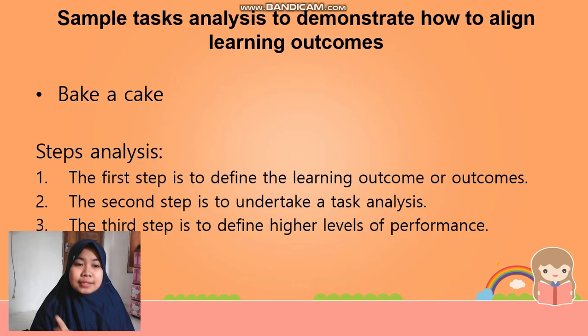And then the last step is to define the higher level of performance. Now, here is the final product that the teacher wants from their students. For example, their students can bake a cake.